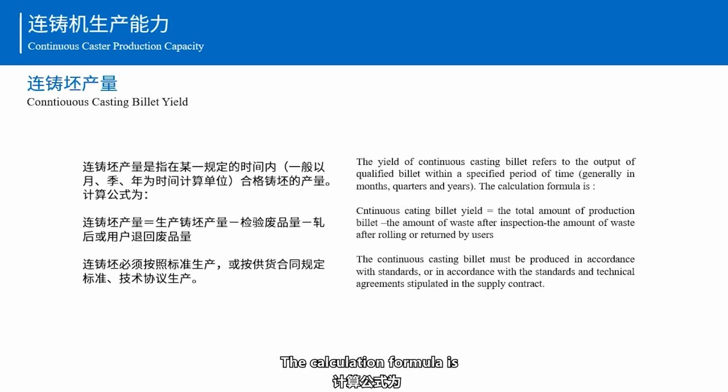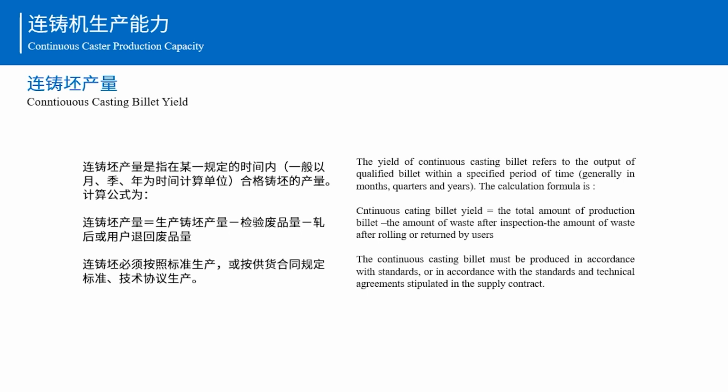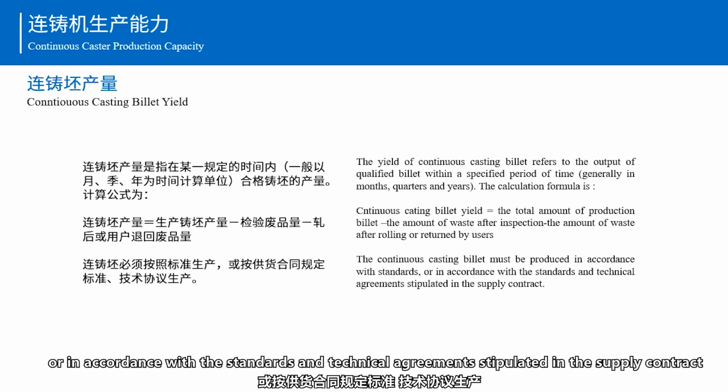The calculation formula is: continuous casting billet output equals the total amount of production billet minus the amount of waste after inspection minus the amount of waste after rolling or returned by users. The continuous casting billet must be produced in accordance with standards or in accordance with the standards and technical agreements stipulated in the supply contract.